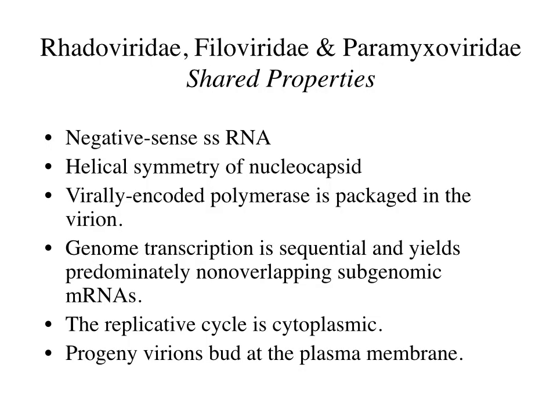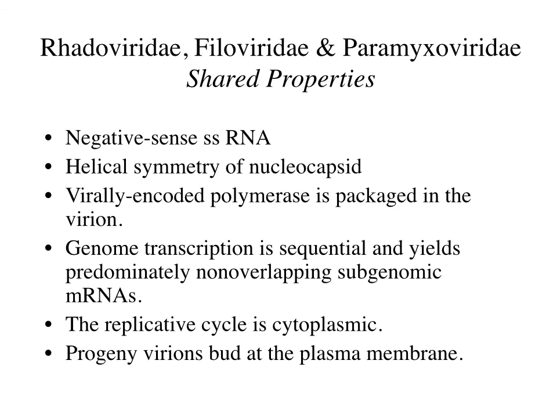Now, to finish up this lecture, let's just talk about the shared properties of these 3 virus families. So I put the Rhabdoviridae, the Filoviridae, and the Paramyxoviridae in the same lecture for a reason, because they have a substantial number of shared properties. First off, of course, they're all negative sense single-stranded RNA.